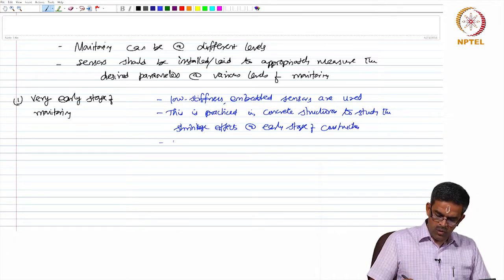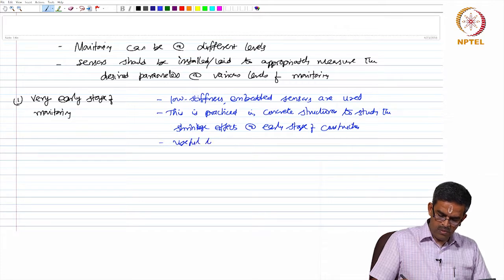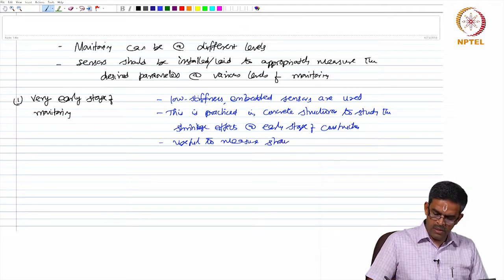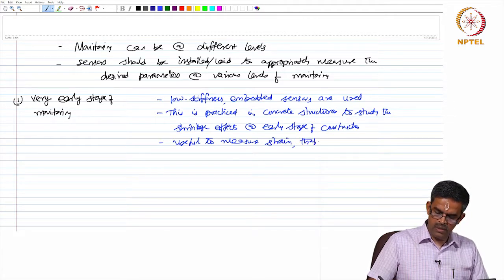It is also useful to measure strain that occurs due to extreme weather changes.